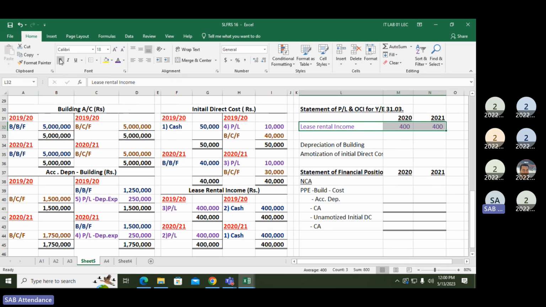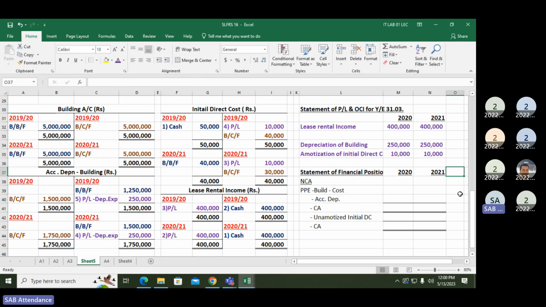So you can have the 400,000 annual rent income. Then the depreciation of building, it won't change, 250,000 each year. And amortization of initial direct cost, 10,000, you charge to P&L as expense.